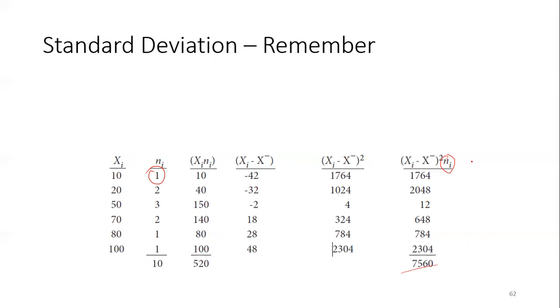Or you can do a very similar thing, but with ni divided by not n but by 9, and multiply each of the square differences with ni divided by 9.